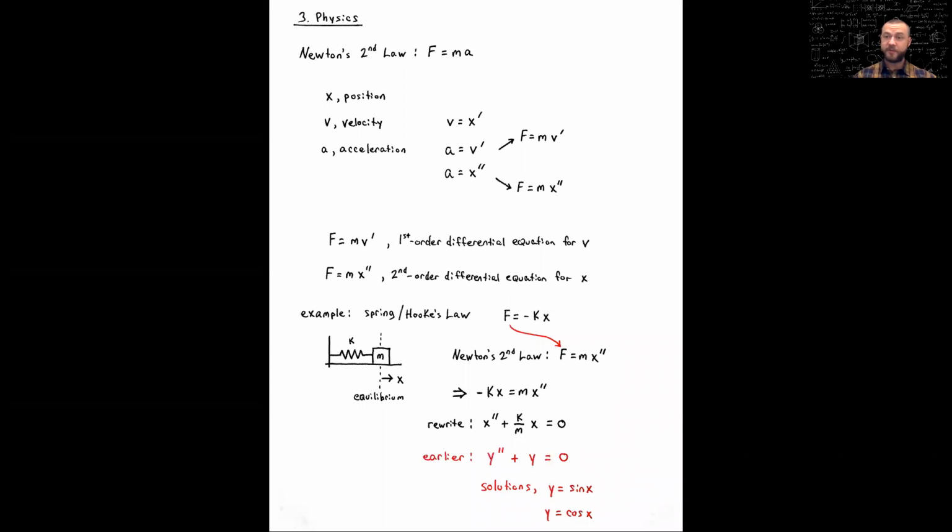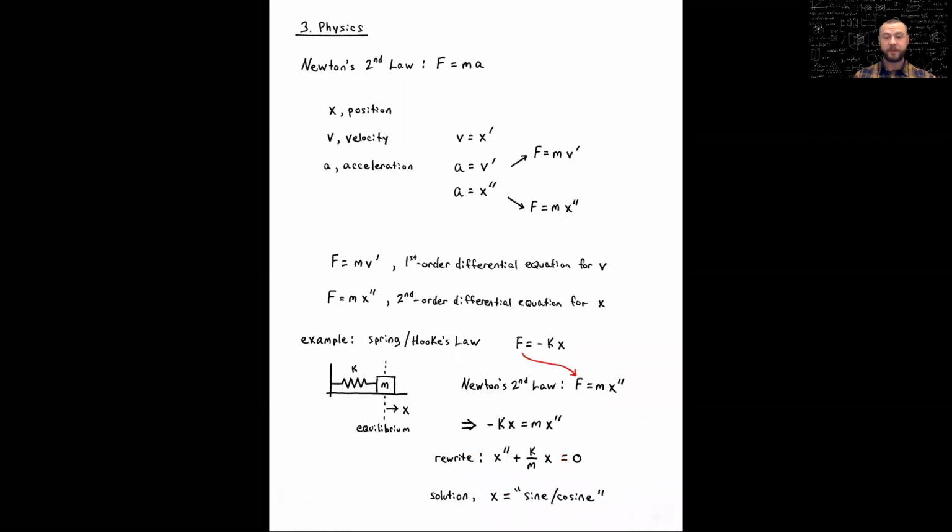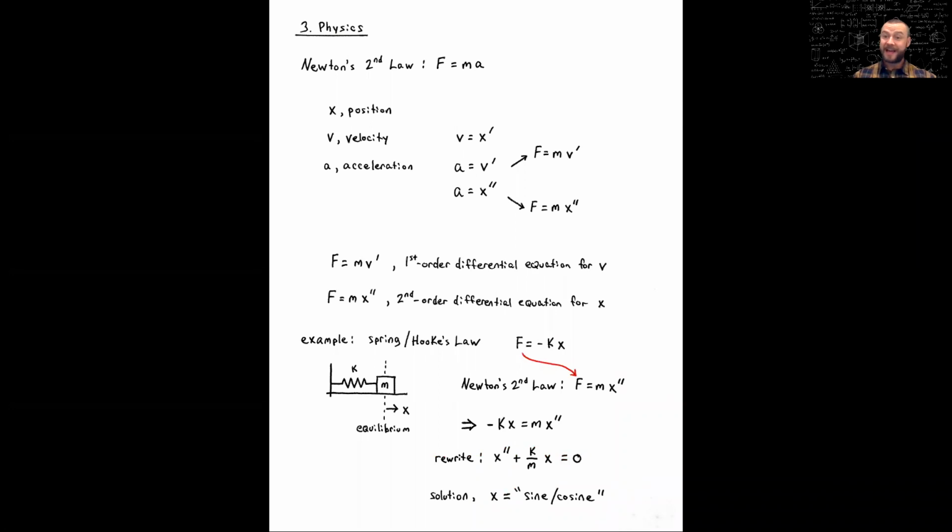You have a second derivative term, you have a function term. If the one in red has sine and cosine as solutions, it shouldn't be a surprise or too much of a stretch to think that this differential equation also has sine and cosine in some form as solutions for x. And as it turns out, that is correct. We're going to save the details for later, just keeping this very informal for you to make some connections.